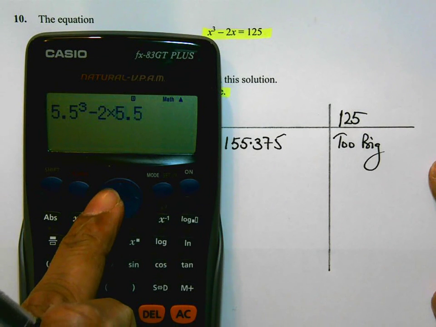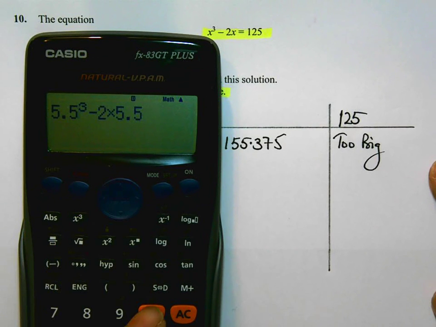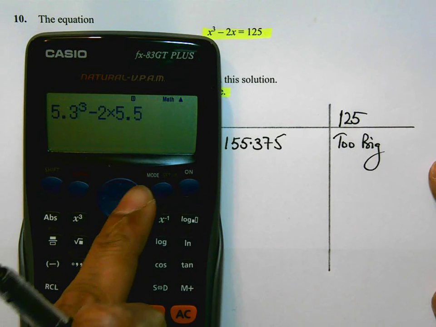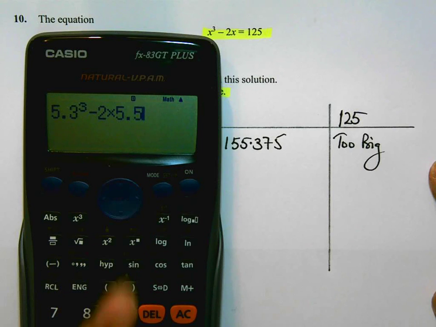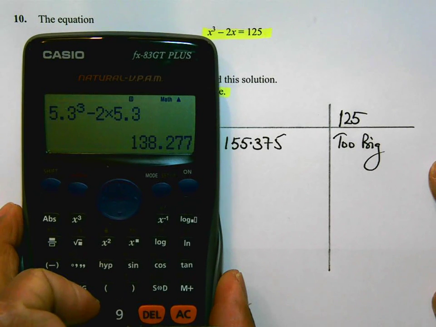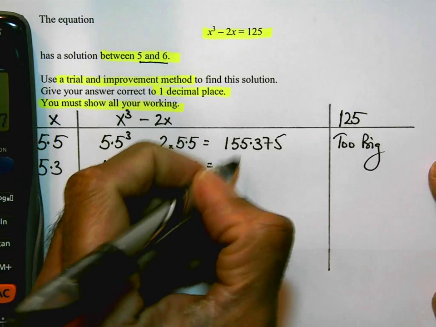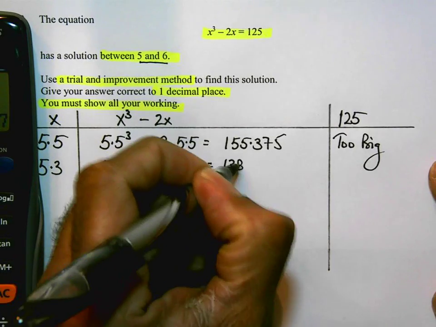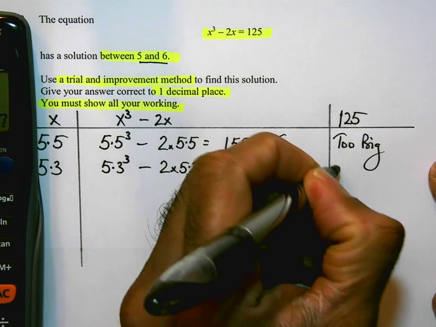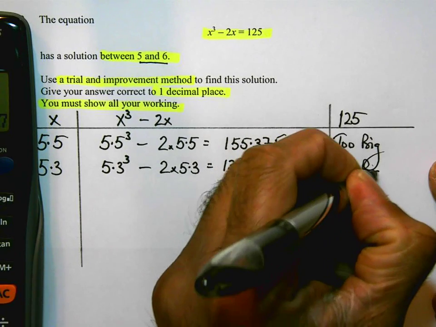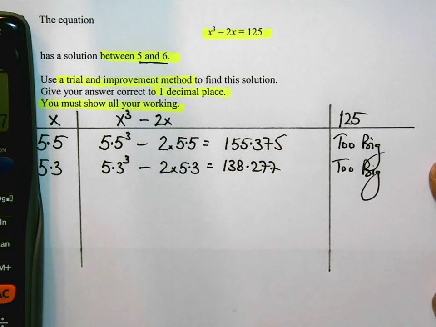I'm going to use the replay button to go backwards and move the cursor so that I could change the 5.5s into 5.3s, as you could see here. Okay, I'm going to make sure that it's all good, and working out my answer, I get 138.277. I'm going to write that in, 138.277, and that's still too big.